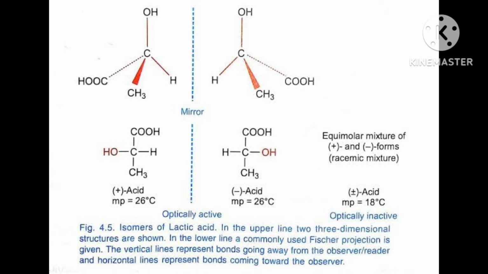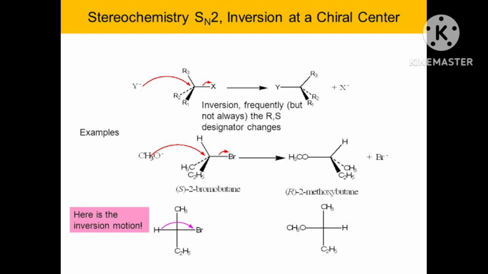And in the second step, two possibilities are there. The nucleophile can join in the same direction where the halide was attached. That is the one possibility, correct?